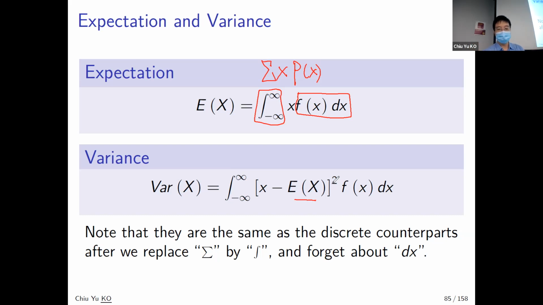Take the square and get the mean of that, and that's it. So if you don't care about the formula, there's no difference between discrete and continuous, but of course, continuous involves infinity. Some crazy things can happen, so that's why you need to use integration to make sure we handle things properly.